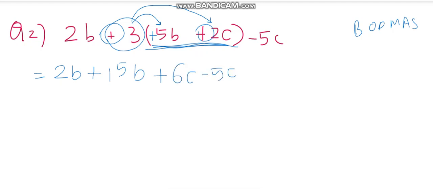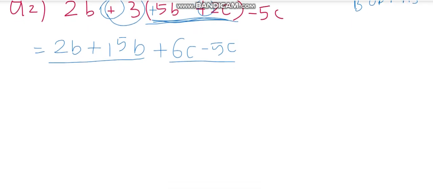Now one thing you will notice after doing this step is that these two and these two are like terms, which means that they can be solved further. So we have b and b, we can solve them further. We can add the numbers 15 plus 2, which gives us 17, and b remains the same.